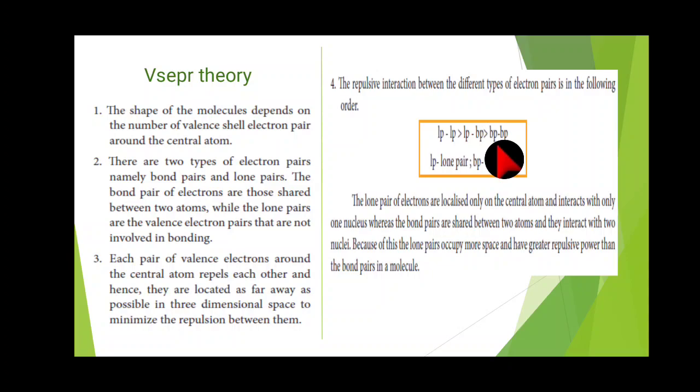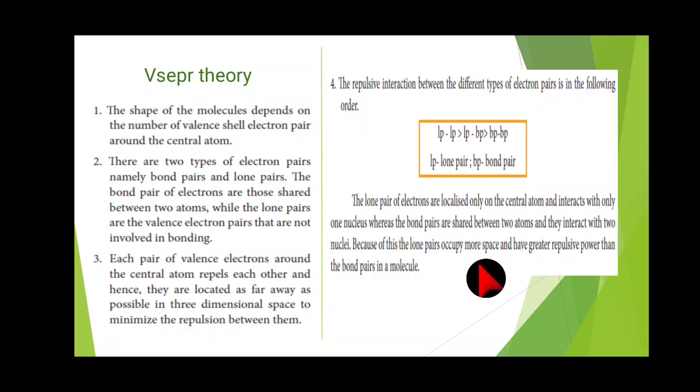The lone pair of electrons are localized only on the central atom and interact with only one nucleus, whereas bond pairs are shared between two atoms and interact with two nuclei. Because of this, the lone pair occupies more space and has greater repulsive force than the bond pair in a molecule.